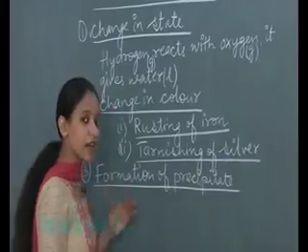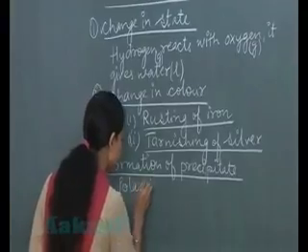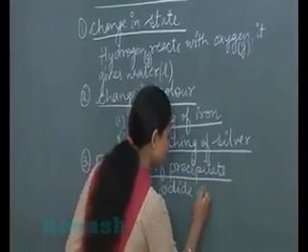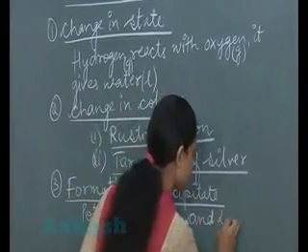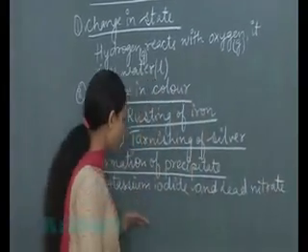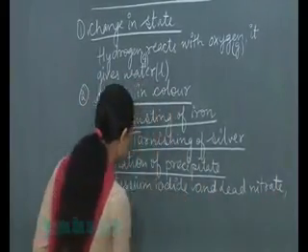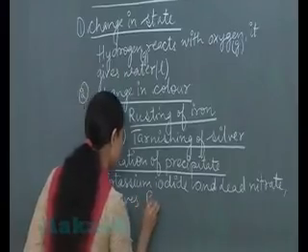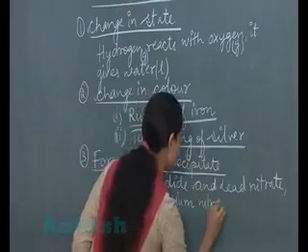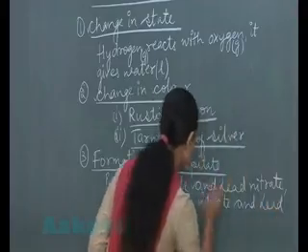Now students, we have a reaction between potassium iodide and lead nitrate. When potassium iodide reacts with lead nitrate, it gives potassium nitrate and lead iodide.